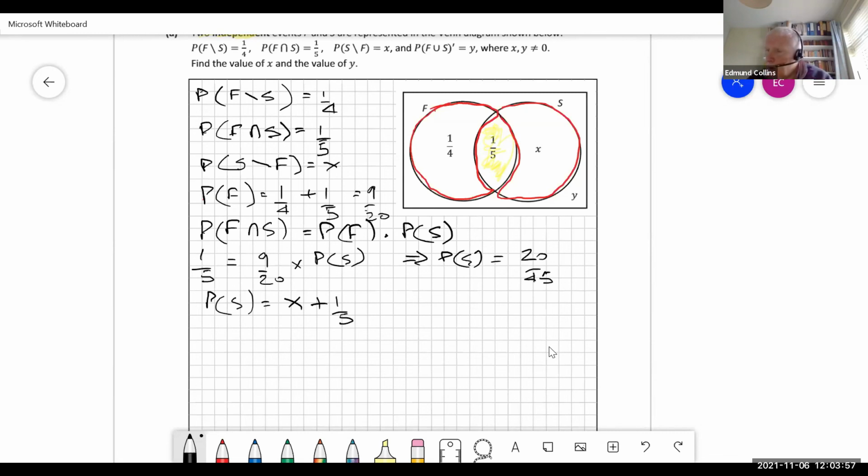And that equals, in turn equals, what we've just found out is 20/45. So bit of algebra here, X equals 20/45 minus 1/5, which equals 11/45.